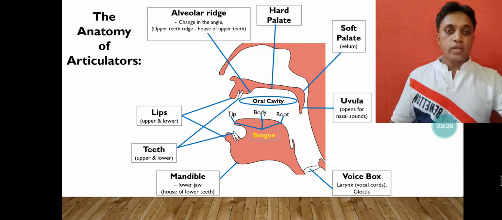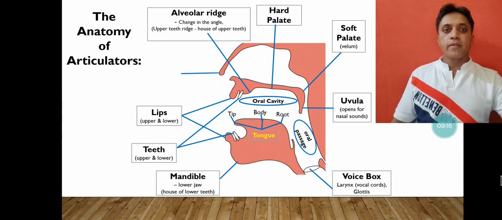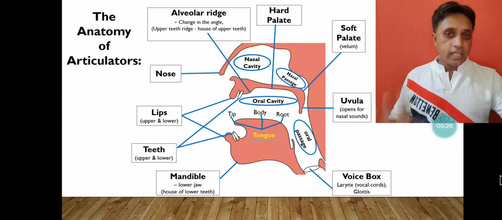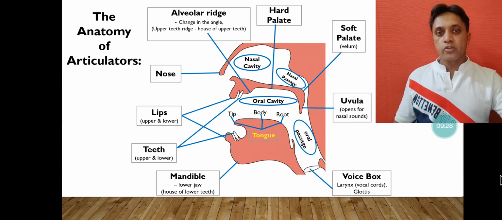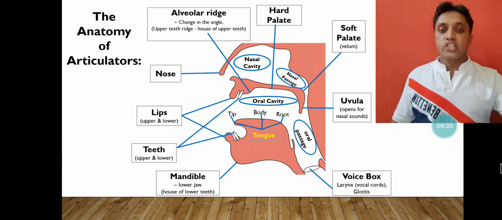And we have oral cavity and oral passage to let the air flow out of our mouth in making most sounds. And finally, we have the nose, connected with the nasal cavity and the nasal passage to let the air flow out of the nose in making nasal sounds. So these are the articulators that are used in producing vowels as well as consonant sounds of the English language.